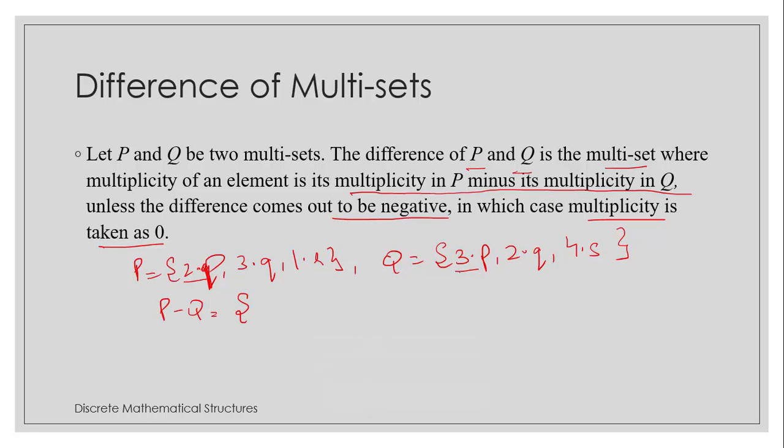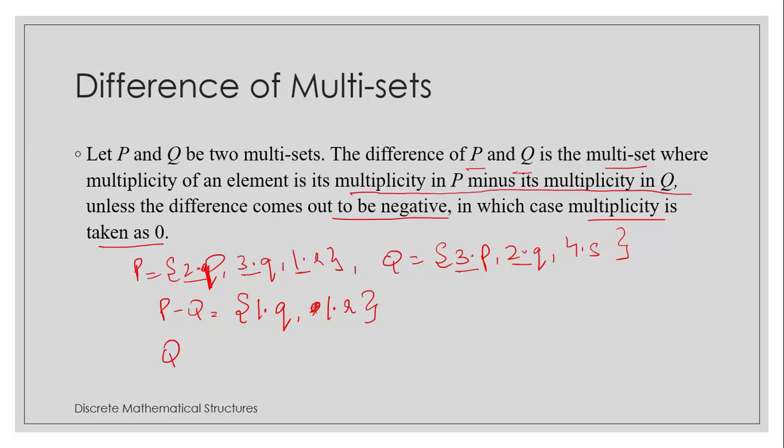That means the multiplicity comes out to be negative, so we will take it as 0. Then 3 minus 2, so the answer is 1 dot Q. Then 1 minus 0, so the answer is 1 dot R. Then again for S, here P has 0, so 0 minus 4 comes out to be negative.